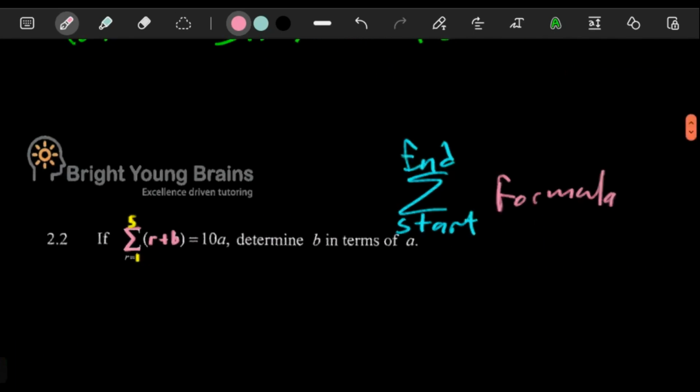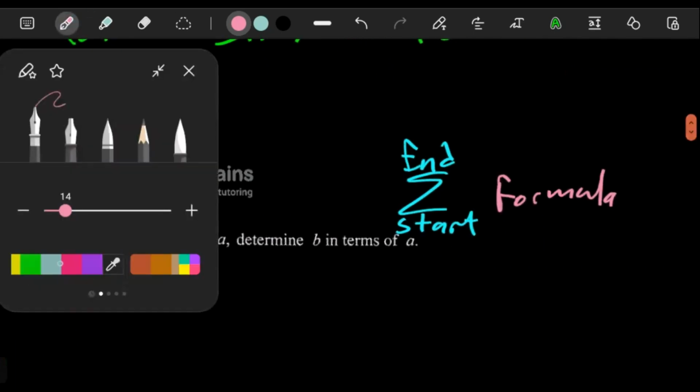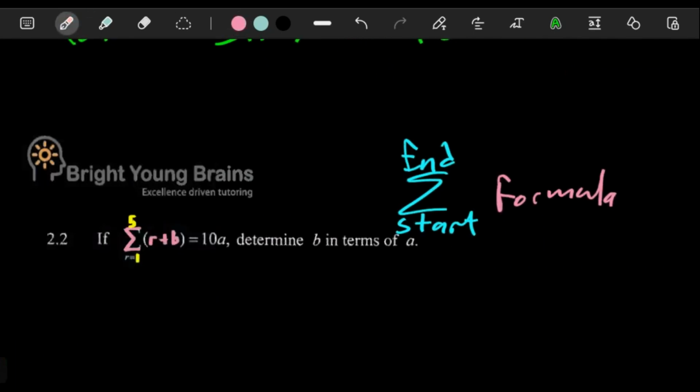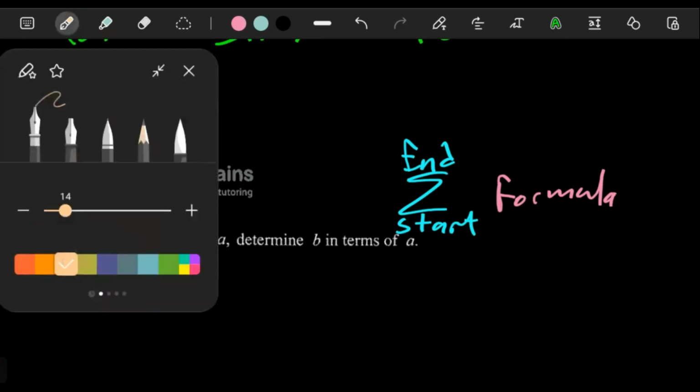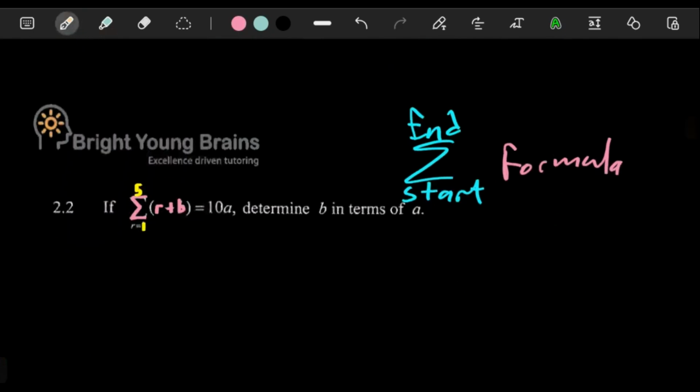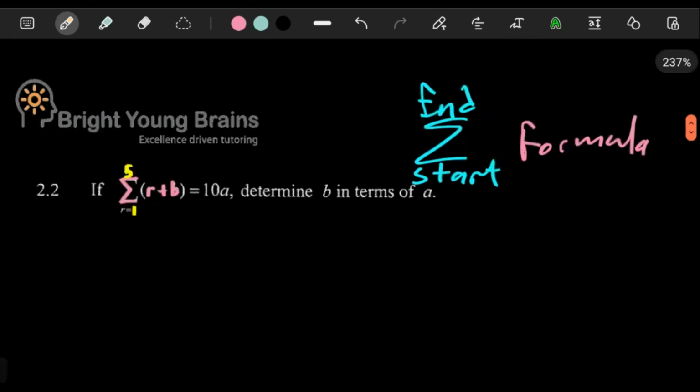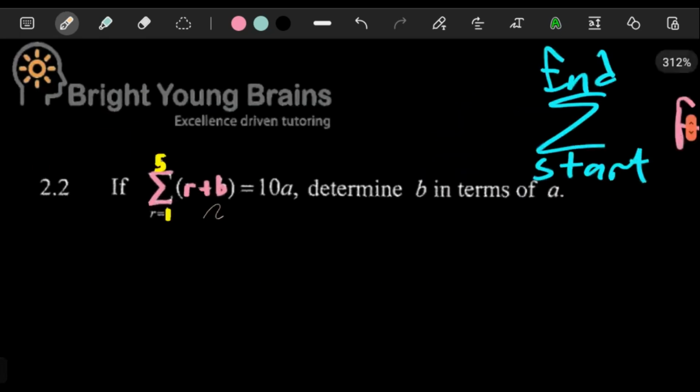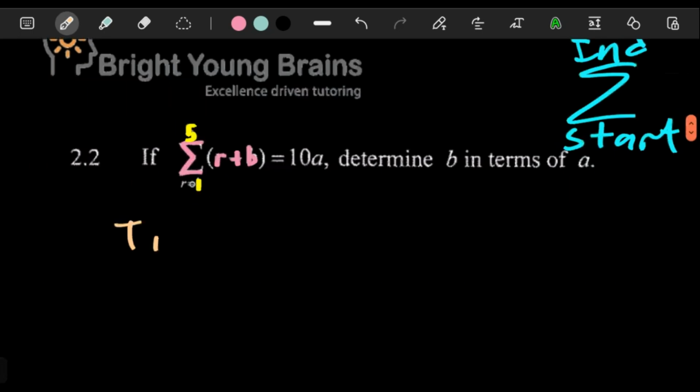Keeping that in mind, we're adding up 5 terms. For term number 1, you throw in the starting number, so it's 1 plus b.